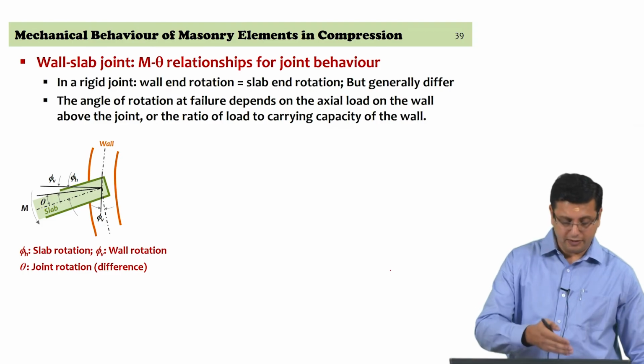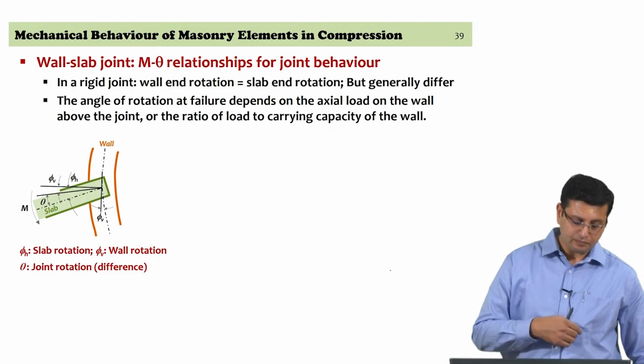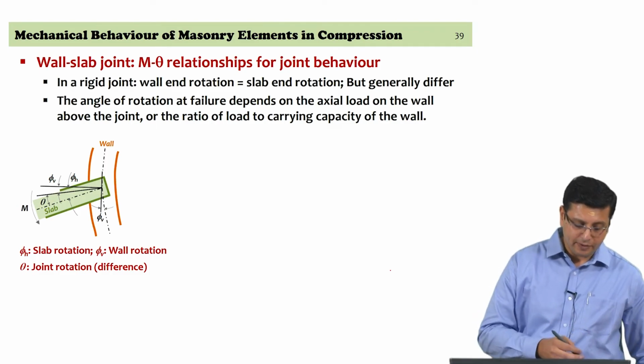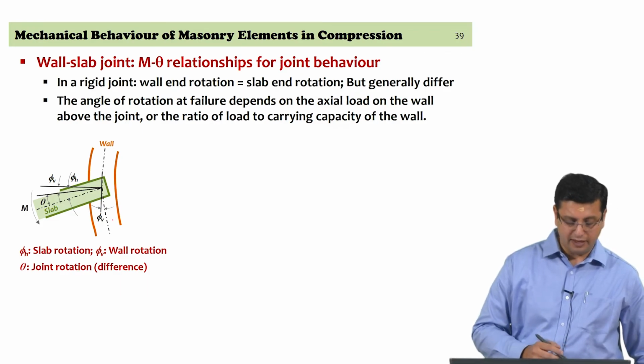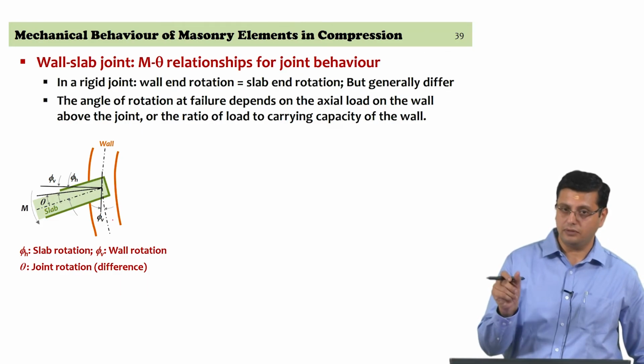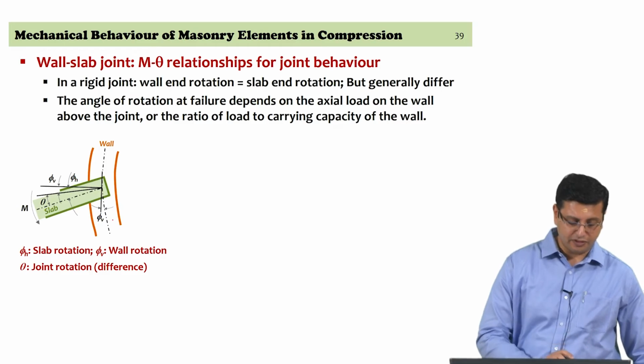So, if you look at the joint, this is basically examining a wall with a slab and the interface between the wall and the slab. Here the rotation of the wall is phi v, that is, the vertical element has a rotation phi v.